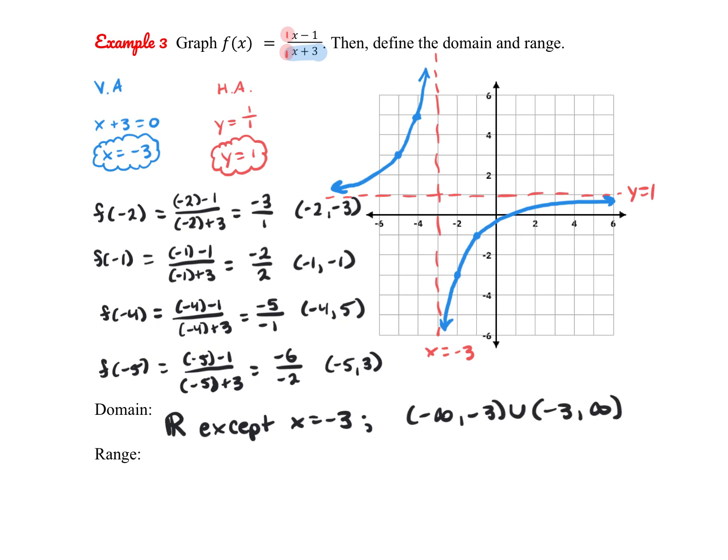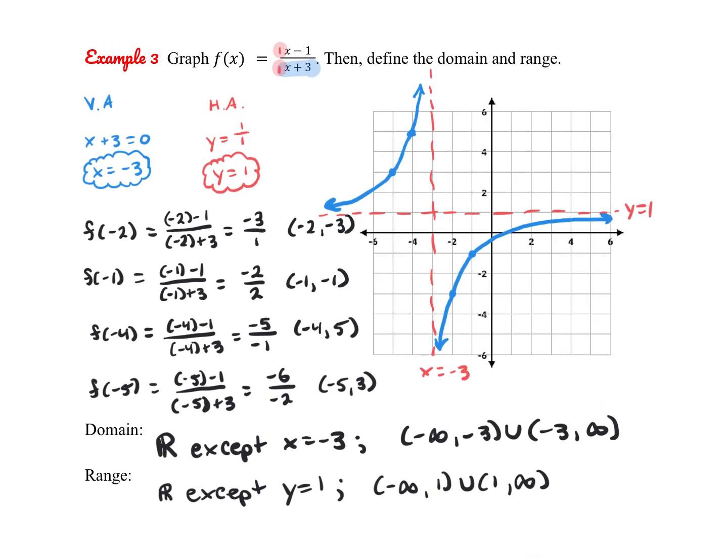So that's a way of saying negative infinity to infinity, but leaving out negative 3. And our range is always going to be all real numbers except y equals 1, at least for our basic functions. And we could also say negative infinity to 1 or 1 to infinity. There you go.